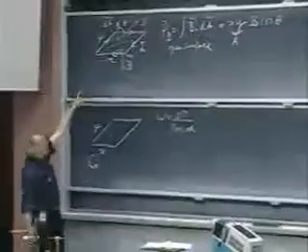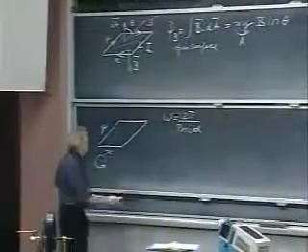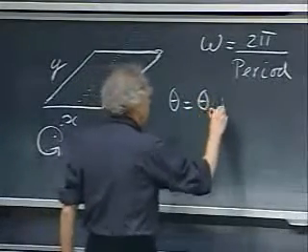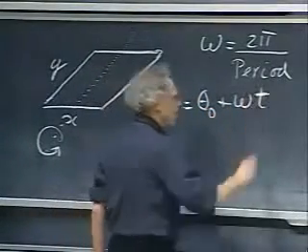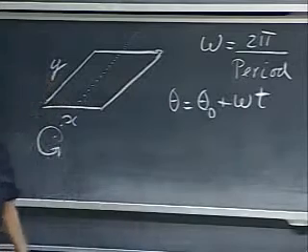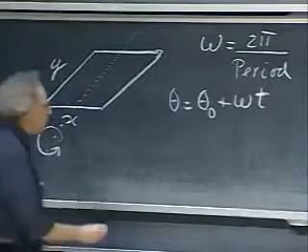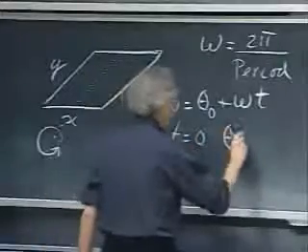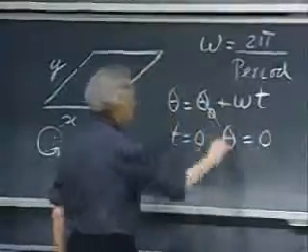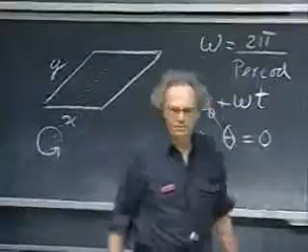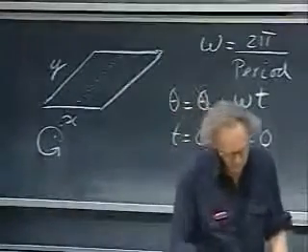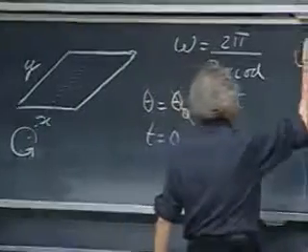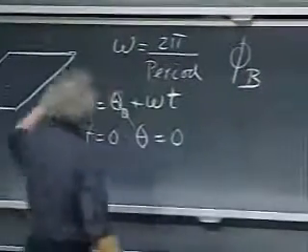So the angle theta that you have there, theta then becomes theta 0 plus omega t, going back to 801. And I choose this theta 0 such that at t equals 0, I choose my theta to be 0. And so I have nothing to do with theta 0. So what now is the magnetic flux? This is my loop.